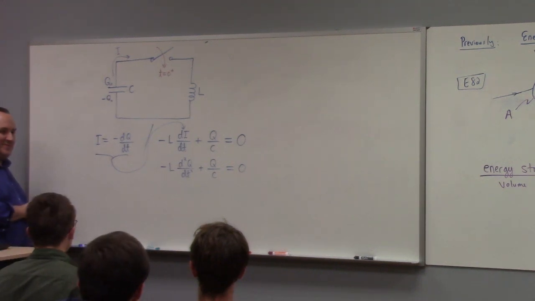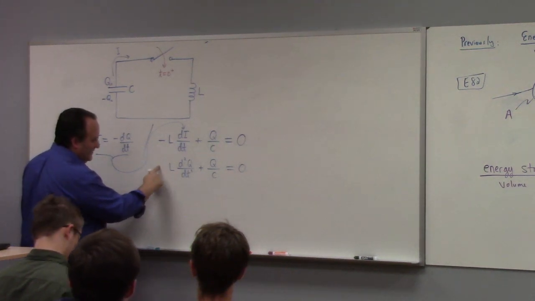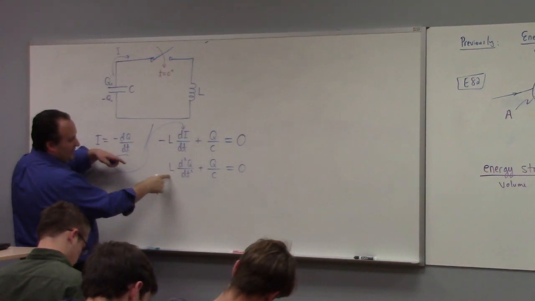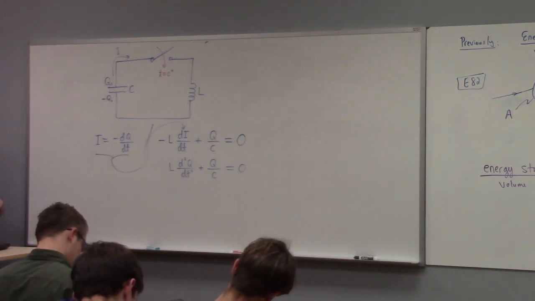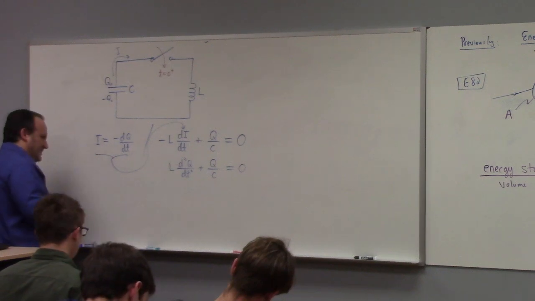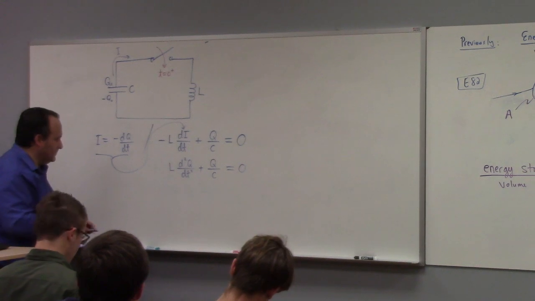Yeah, the negative. What happens to that negative? This becomes a plus, right? So when we plug the minus in here, that minus and this minus conspire to give me a plus, which is good news. Otherwise it would be a totally different physical problem. The physics would be totally different from what we're about to find.